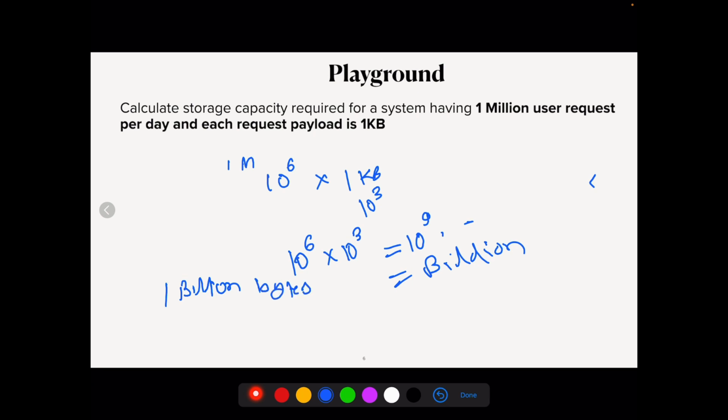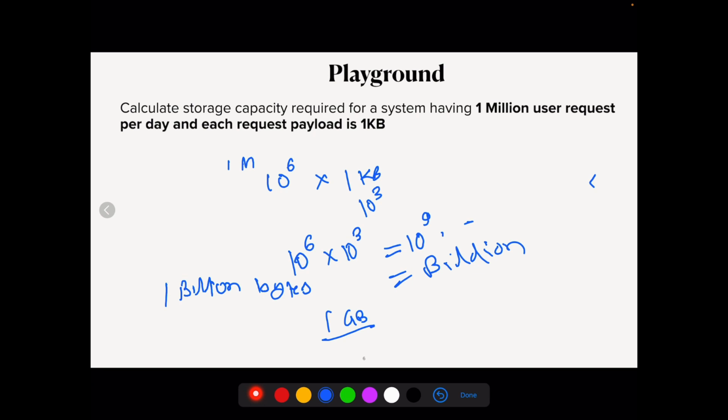If we want to convert 1 billion bytes to a higher unit, we can represent it as 1 GB, because 1 million equals 1 MB, which is very easy to remember. In 1 million, if we add 3 additional zeros, it becomes 1 GB. So we will require 1 GB of space.